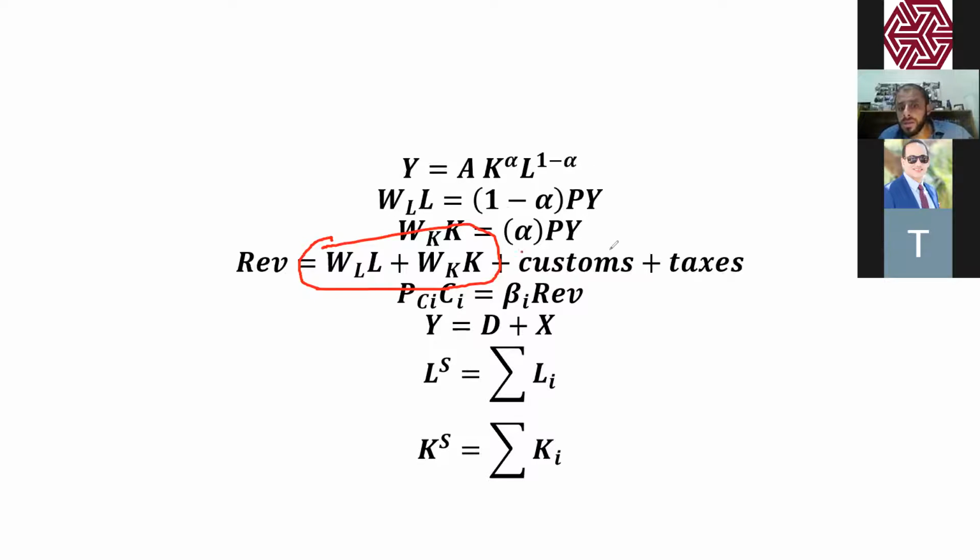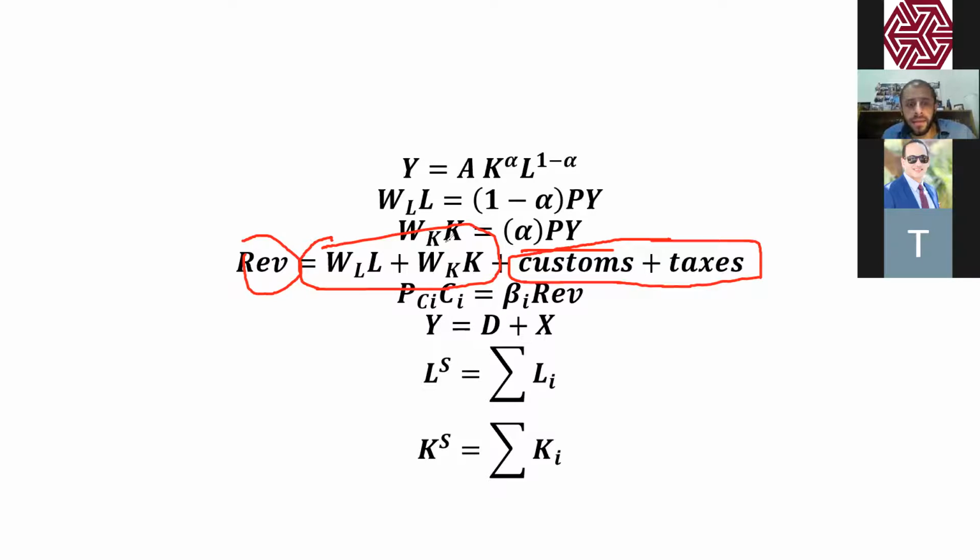That's why customs and taxes that represent the government revenues will be included in the revenue of this representative agent. Out of simplicity, I'm doing that, but at the same time, I can have a private agent that includes households, and a public agent that includes the government.